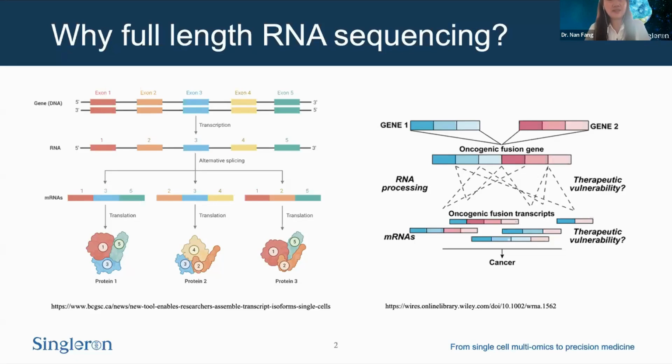But on the other side, if we only do either 3' RNA sequencing or 5' RNA sequencing and only have the quantity of the RNA at single cell level, we actually miss quite a big part of the whole picture. As shown in the left panel of this slide, normally our mRNA comes from the joining of different exons of the gene.